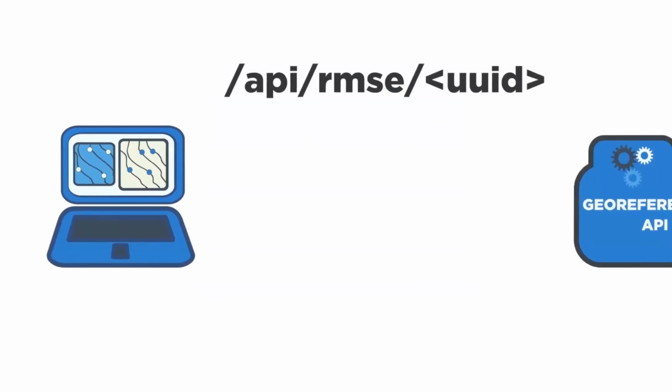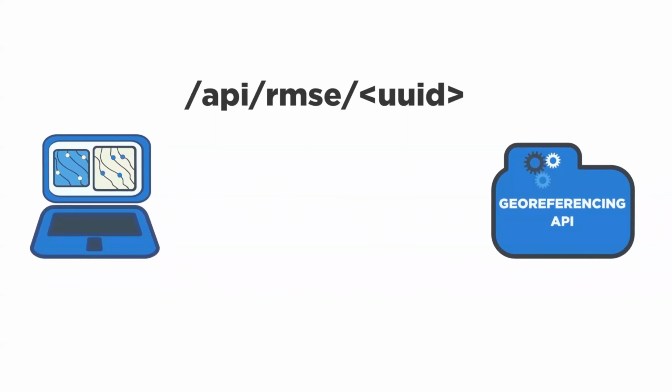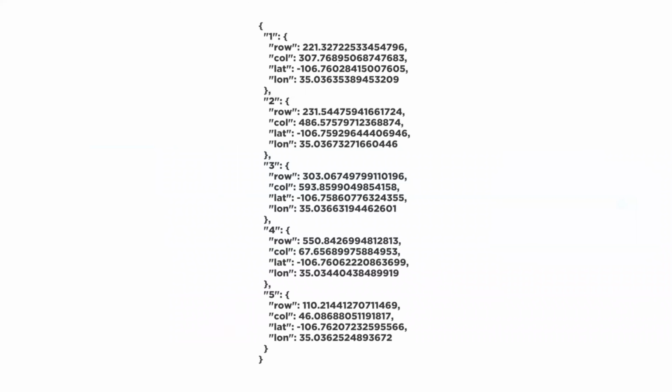This route expects an HTTP POST method, with the body of the request being a JSON document. Let's take a quick look at the format that the API expects. This JSON document can have any top-level key names that you like. This gives flexibility to front-end developers so they can track the GCPs in a way that works for them.